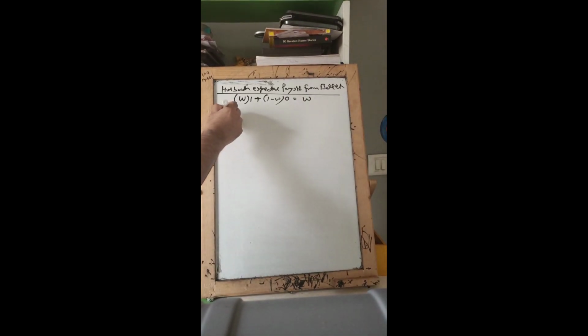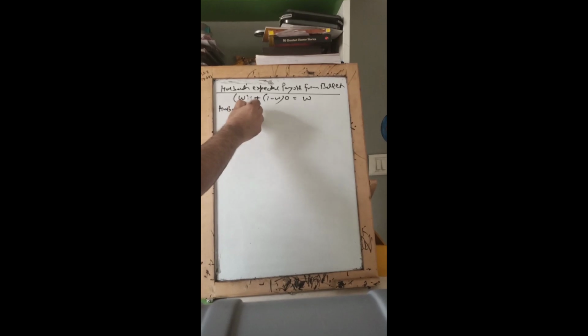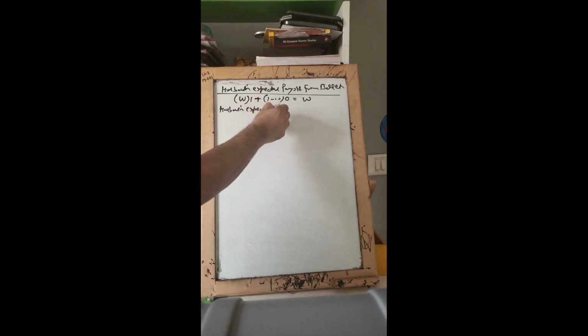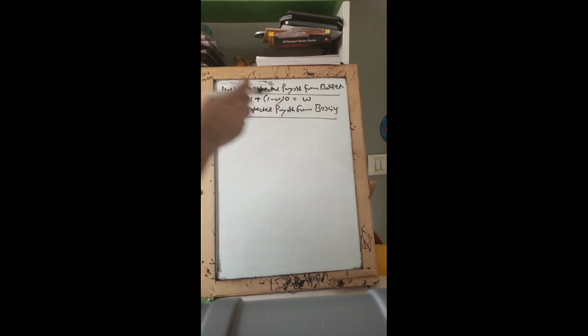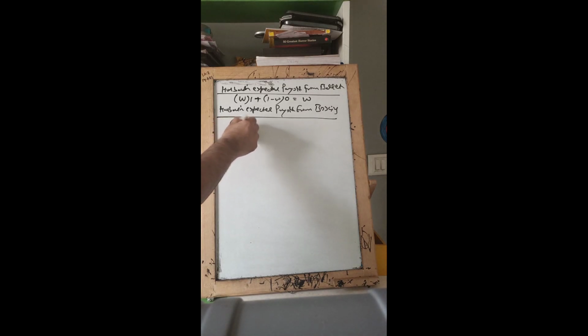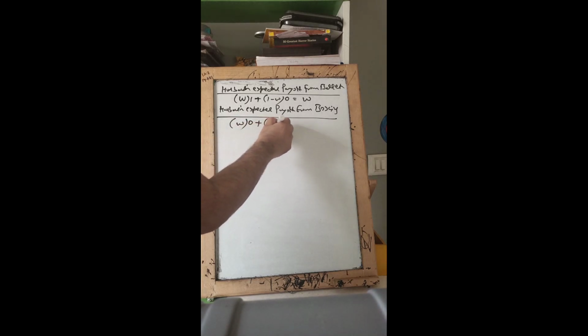Now what shall be the husband's expected payoff from boxing? Well, the husband's expected payoff from boxing depends upon what the wife does. Suppose the wife goes to ballet, the probability is W, and the husband ends up with 0. Suppose the wife goes to boxing, the probability of which is 1 minus W, and the husband is going to get 2.